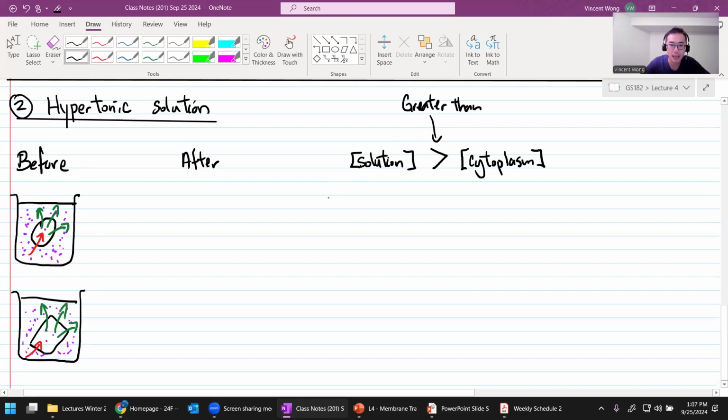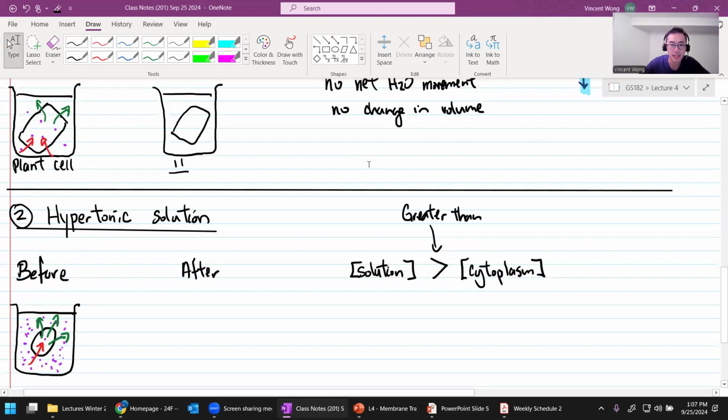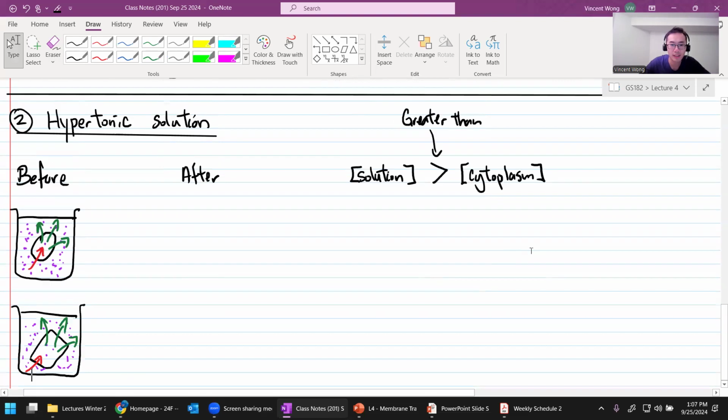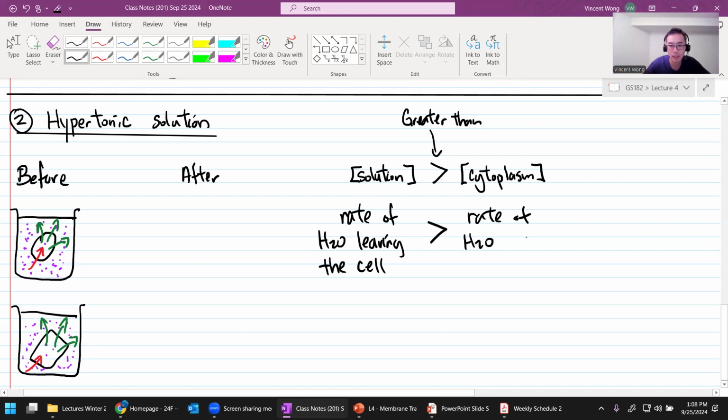So in this case, what did I say before? Rate of water leaving the cell is greater than the rate of water entering the cell. So overall, you have net loss of water.